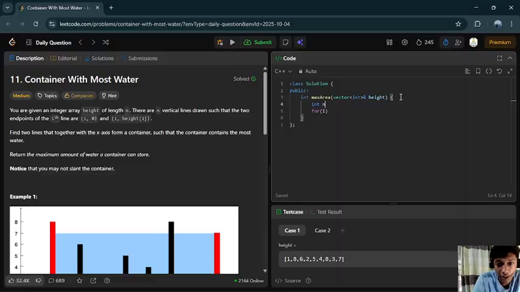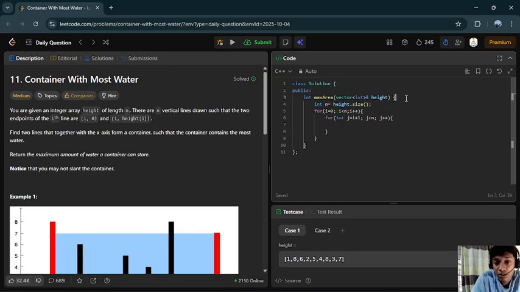int n equals height.size(). For int i equals 0, i less than n, i plus plus. For int j equals i plus 1, j less than n, j plus plus.